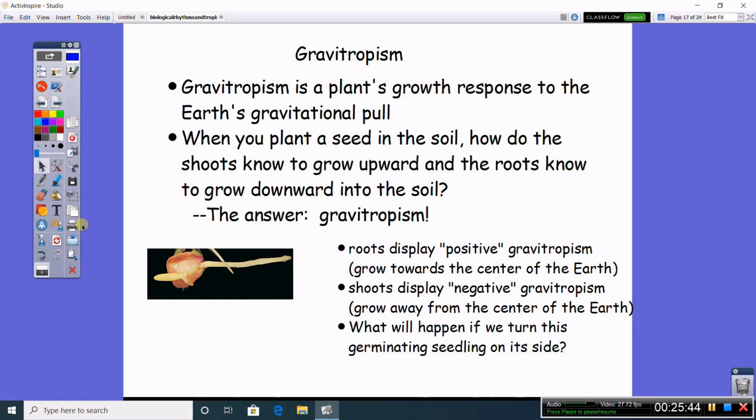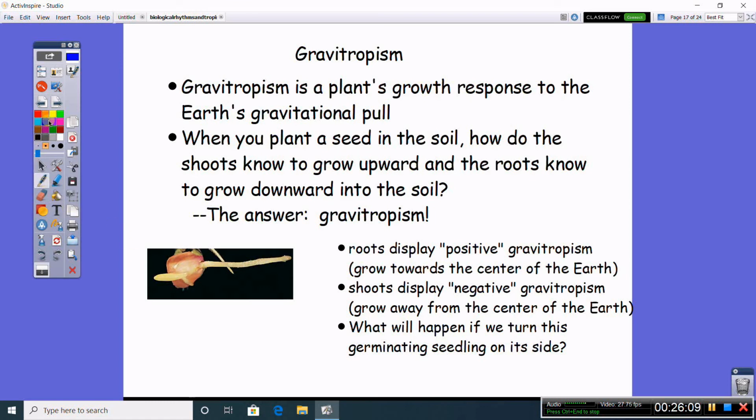And tomorrow we're going to talk about the steps of seed germination and the hormones that are involved in that process. So basically, let's say you put a seed in the soil and we know that the shoots will start growing upward and the roots will start growing downward. Well, then what if you turn this seed on its side like you see here? So these would be the shoots and these would be the roots.